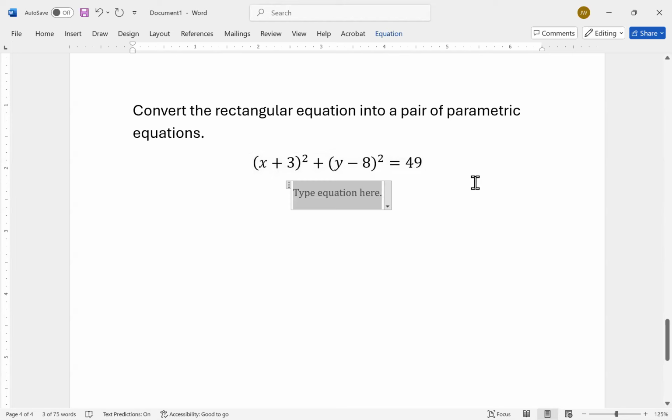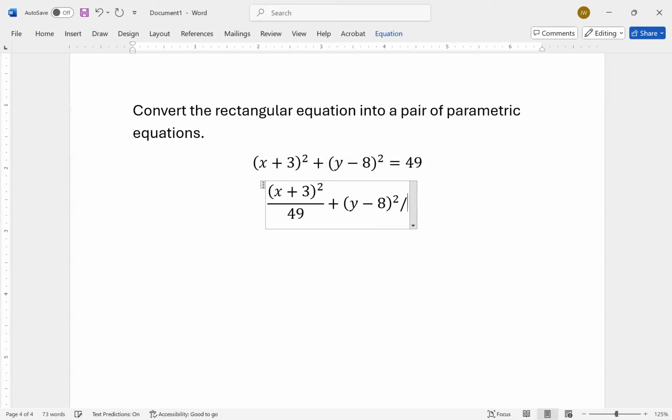That's going to give me (x plus 3) quantity squared divided by 49 plus (y minus 8) quantity squared over 49 is equal to 1. 49 is obviously a nice number because it's a perfect square.